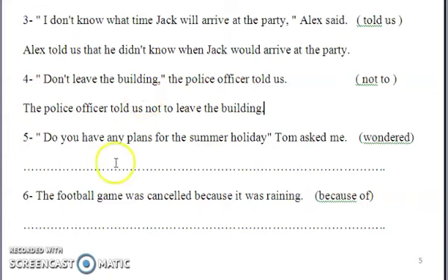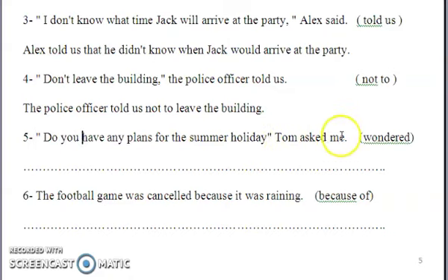Then number 5, here I have a yes or no question. Do you have any plans for the summer holiday? Tom asked us. Here I want to change it to reported speech, a reported question. And here I have a yes or no question. So I must join the two parts using if or whether.